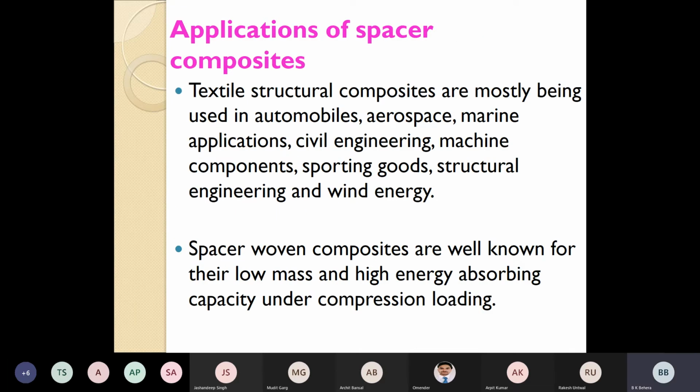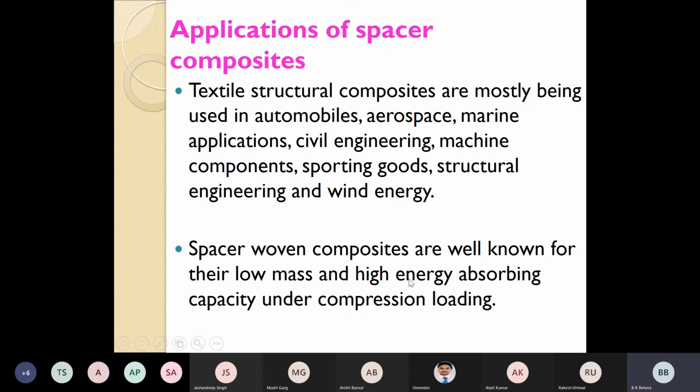Now, applications. I will show you quickly only pictures from where you can make out where these spacer fabrics are used. As I said, it is used mostly in composite form in automobiles, aerospace, marine, civil engineering, machine components, sports, structural engineering, and wind energy.